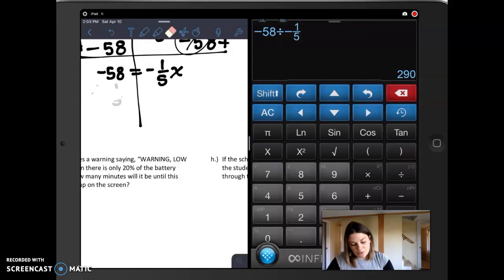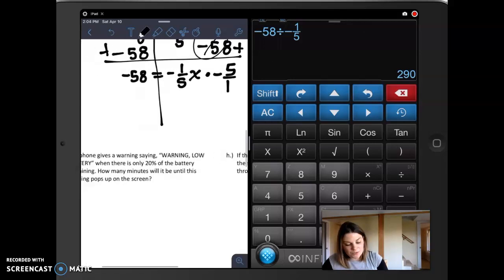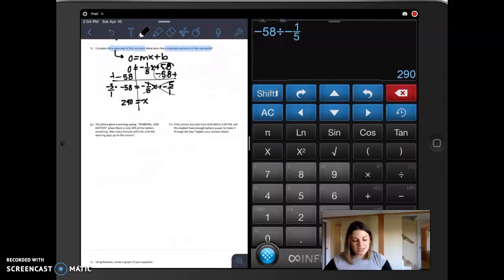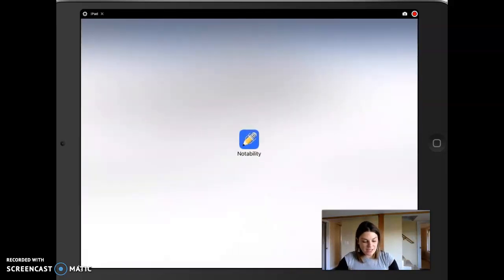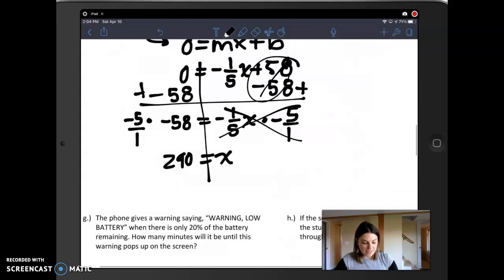If you're using the fancy way that we learned a little bit ago, we go times -5/1. You always multiply by the reciprocal, so you go times -5/1. That cancels both of those parts, and you would do the same thing multiplying by -5, and you would get the same answer. So 290 is equal to x, and x is in minutes. So we're going to say this is 290 minutes is our answer there.